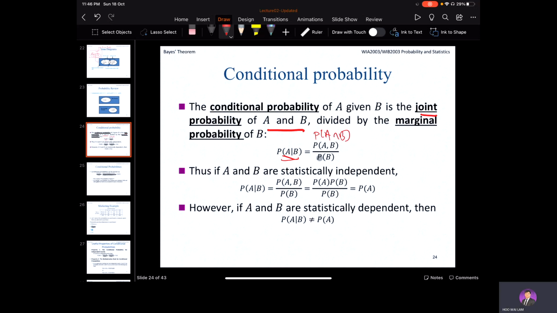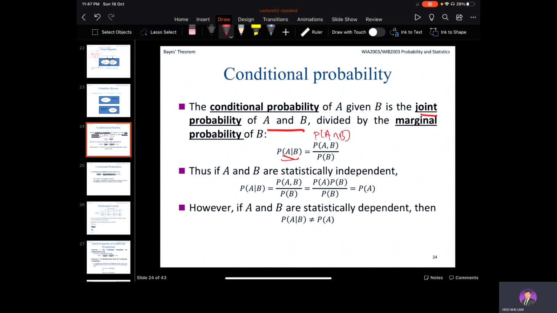You'll notice that for the marginal probability of B, you're only having one event inside. But when you put in probability of B over here, you're covering all the potential events for when B is happening, all right? Why is it B?